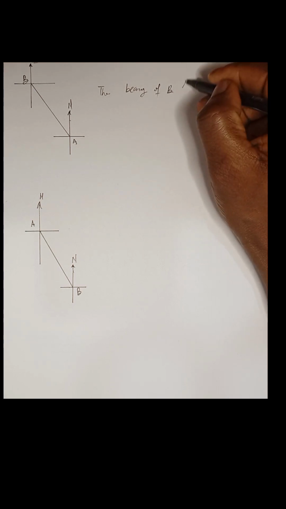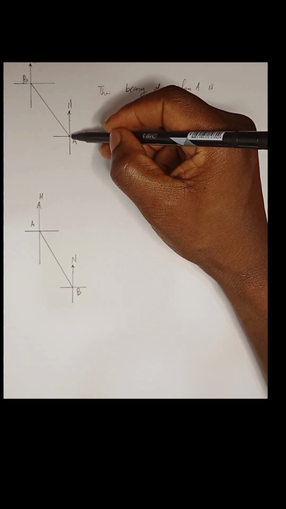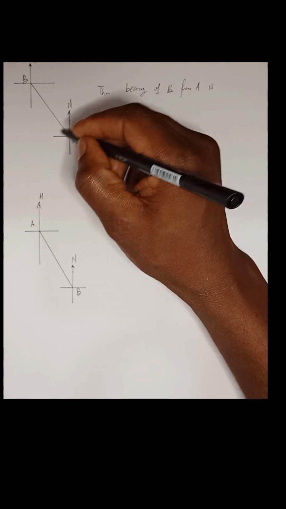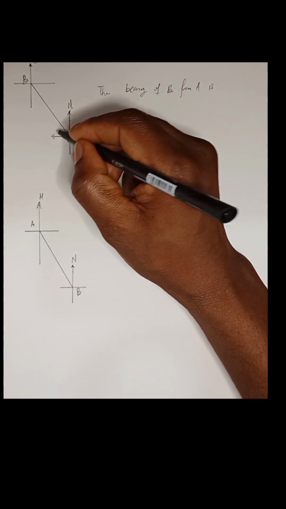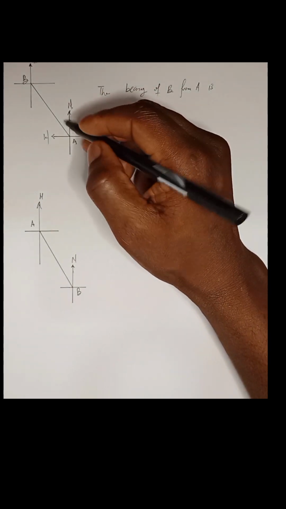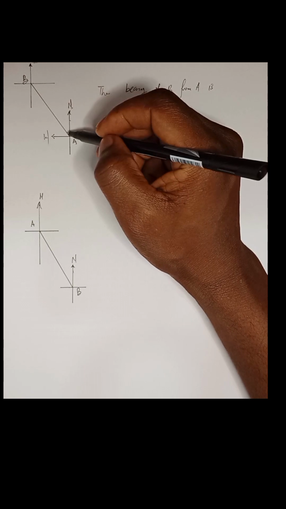It is between the north and the west. So my direction of B from A, direction meaning bearing, the bearing of B from A is northwest.